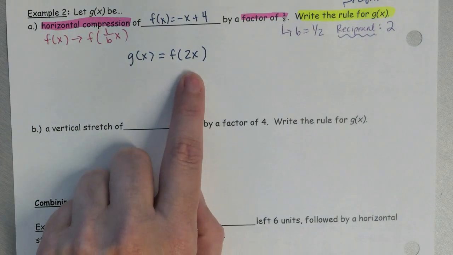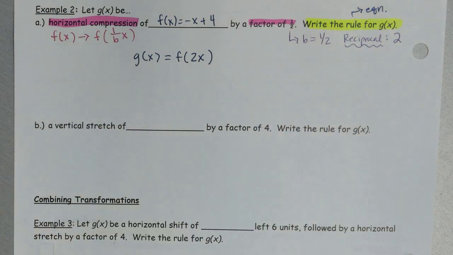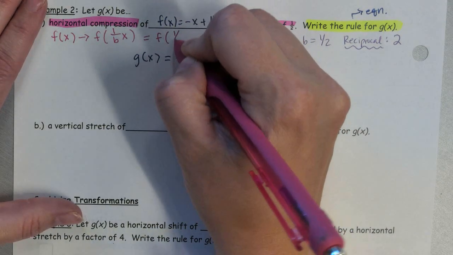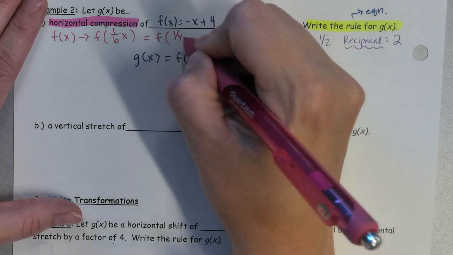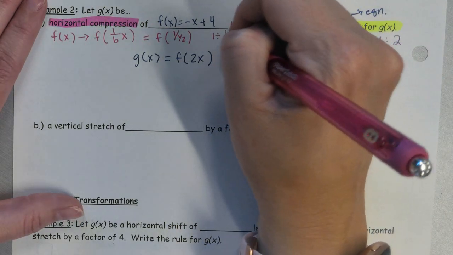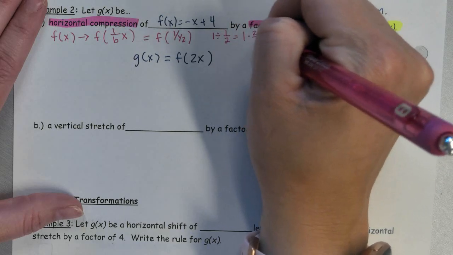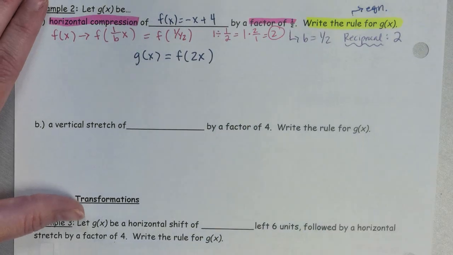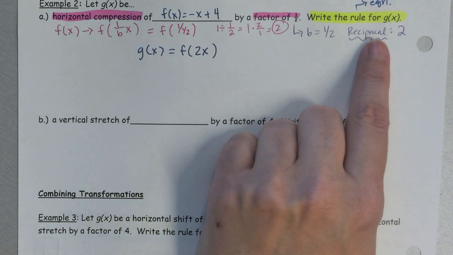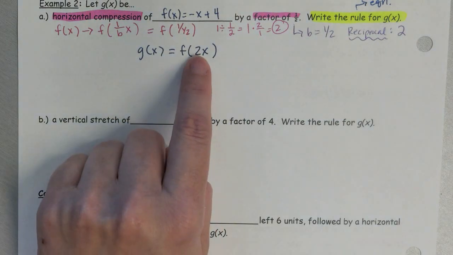Now, if you feel like you're not going to remember why you put in 2, you can definitely add this step where it's f of 1 divided by 1/2. But 1 divided by 1/2 is 1 times 2 over 1, which is 2. So that's why I'm just jumping right here. Once I know the reciprocal, that's what I'm going to be plugging in.